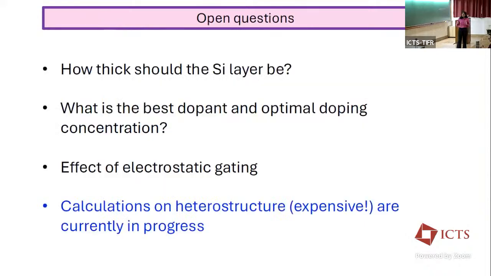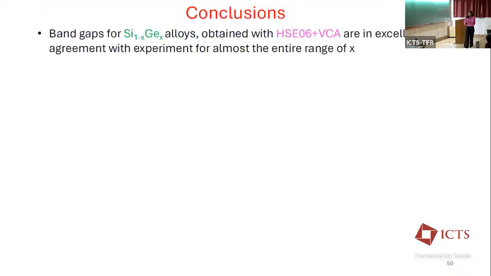And also, okay, so I have a slide on open questions on these systems now. We are not sure about how thick the silicon should be, so we'll do calculations on that. What should be the best dopant in the silicon germanium layer, what will be the dopant concentration, and what will be the effect of gating. I'm performing the calculations on heterostructures now, which are currently in progress.